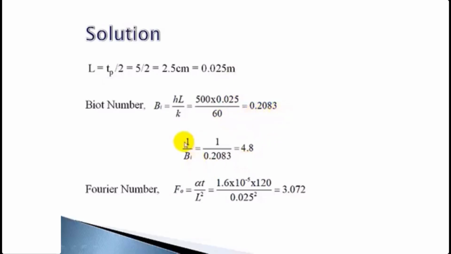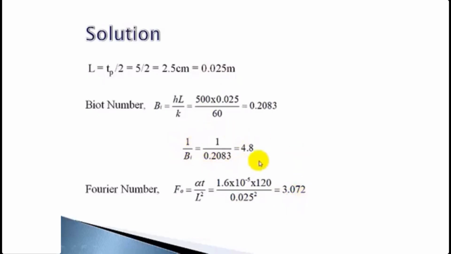In using the chart, we need the quantity 1 by Biot number, the reciprocal, which gives 4.8. And you also require the Fourier number, which is alpha t by L squared. Alpha, the thermal diffusivity, is 1.6 into 10 raised to minus 5, and the time is 2 minutes, that is 120 seconds. The characteristic length is 0.025. Substituting, you get the Fourier number as 3.072.